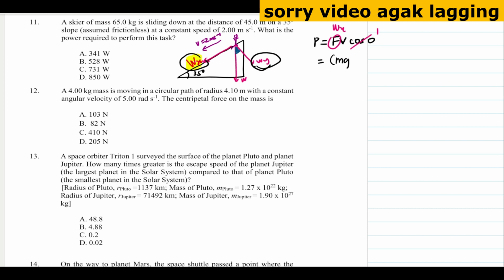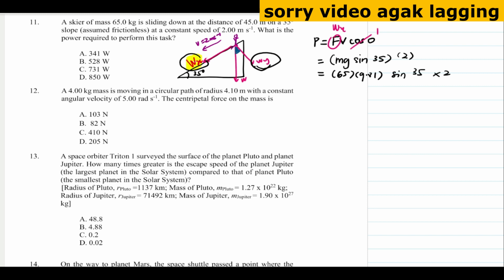Okay, mg sin 35 times the V is 2. So boleh teruslah kira, where m is the mass, so 9.81, sin 35 times 2.